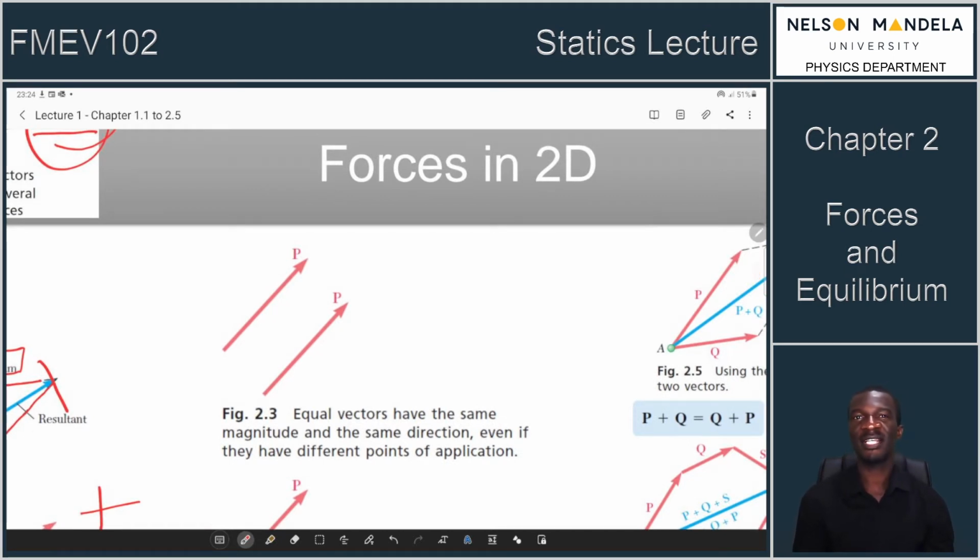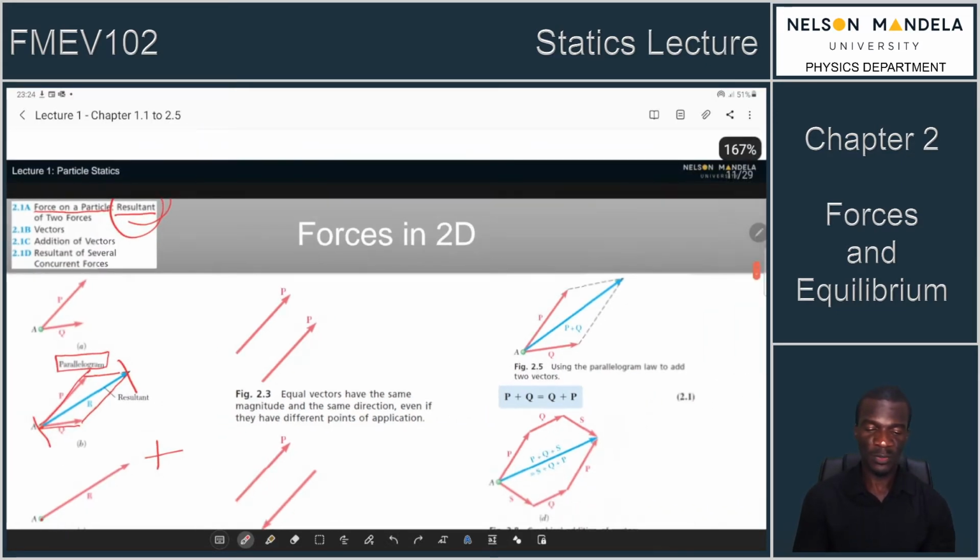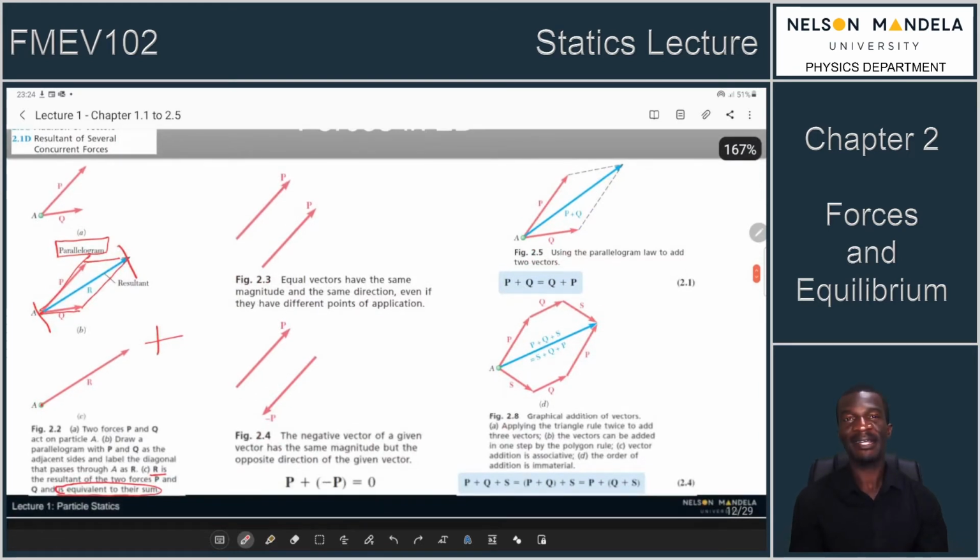So here you're just being reminded that as long as a vector is pointing in the same direction as another vector, and it has the same length or size or magnitude, then these vectors are actually equal. Even though you might find one vector acting on another point of an object, the vectors that are acting on that object are equal. So vector basics are described.